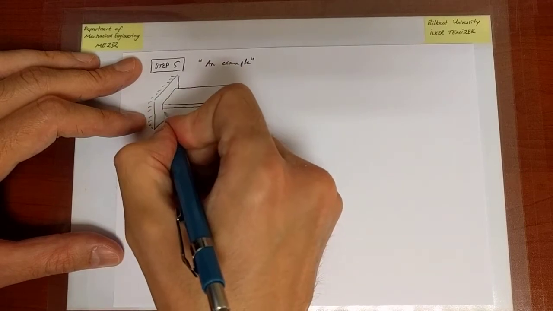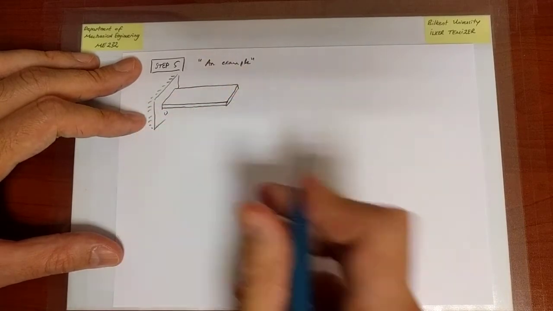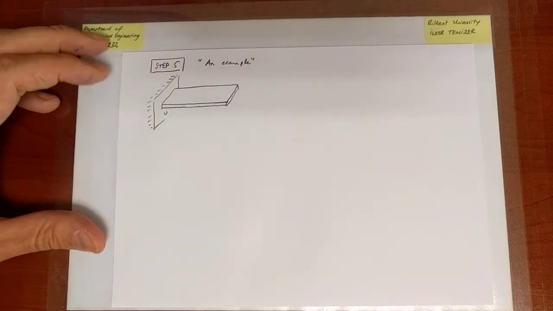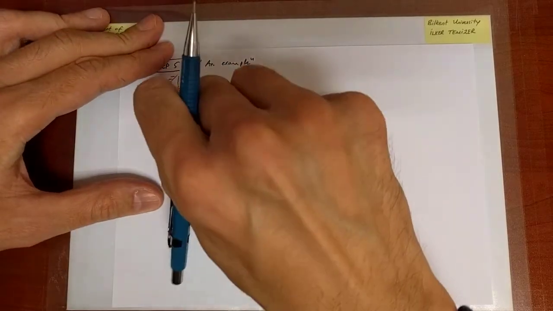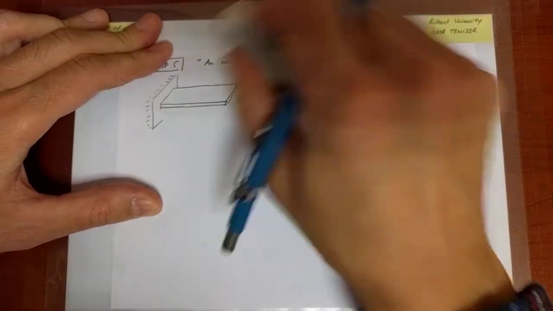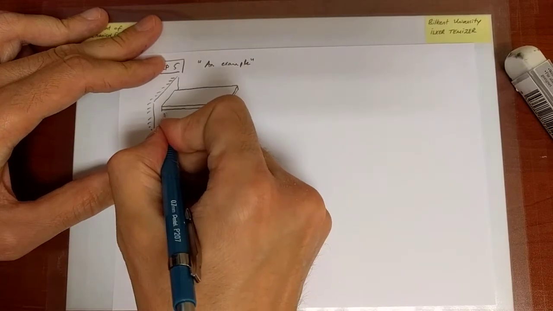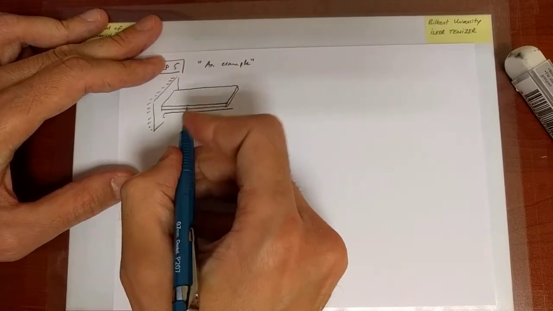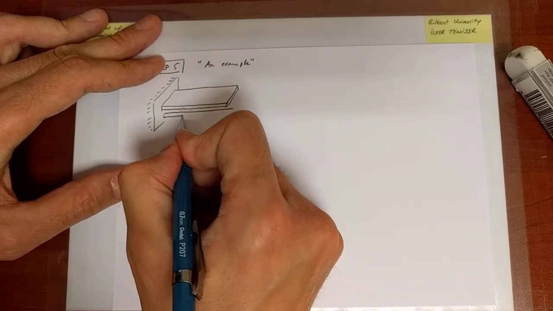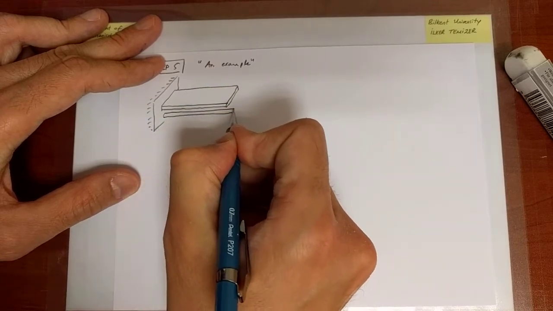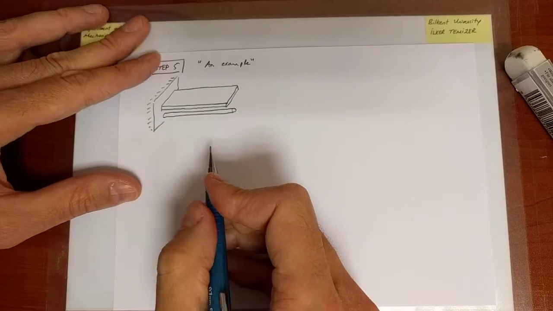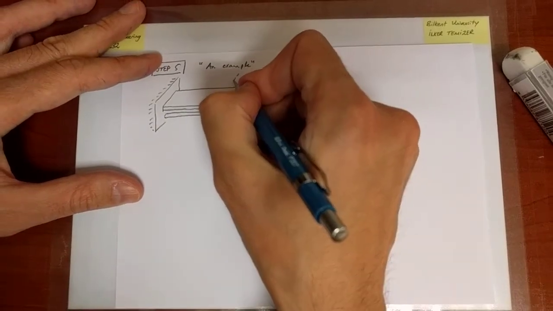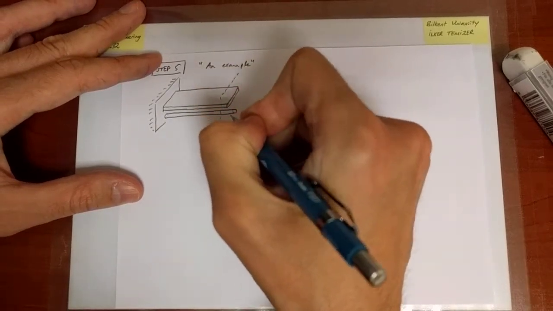And underneath the plate, let's say there is a rod that eventually has a similar length, and then there is this other surface that I am drawing in dashed lines.